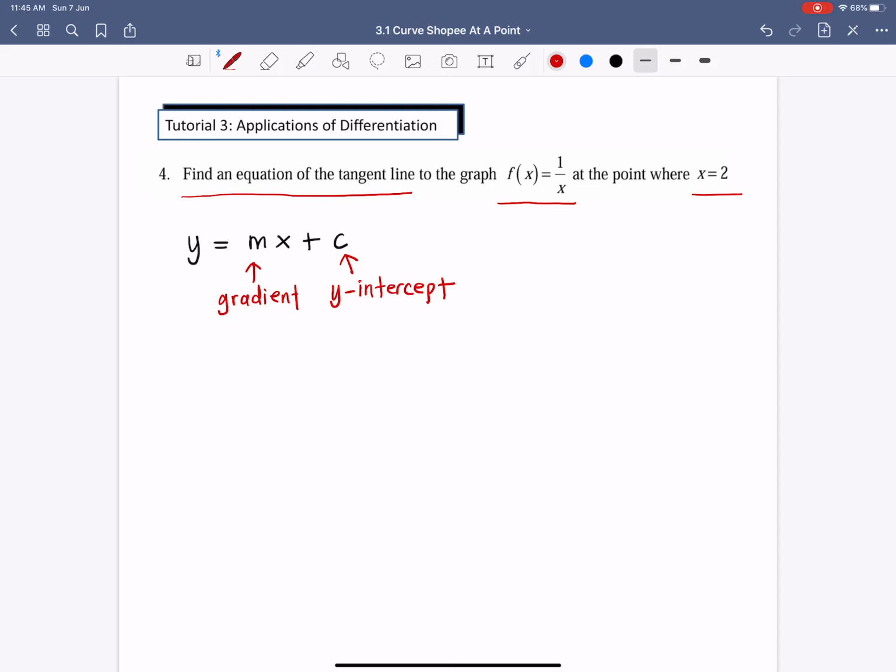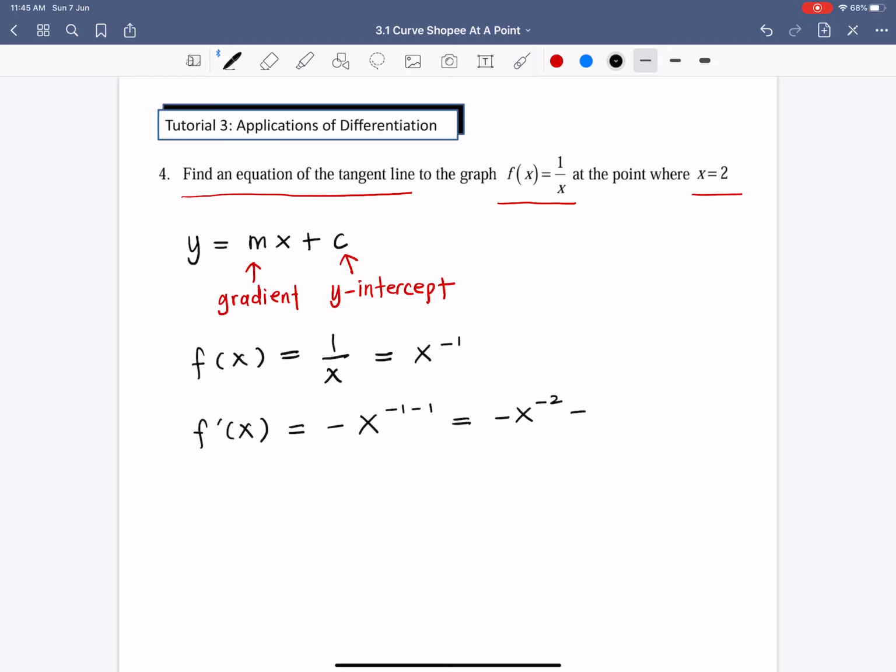So what we will do here, we have f(x) equals 1 over x, which can be rewritten as x to the power of negative 1. From there, we know that the gradient of the tangent line is given by f prime of x, where f prime of x is negative 1 times x to the power of negative 1 minus 1, which equals negative x to the power of negative 2.